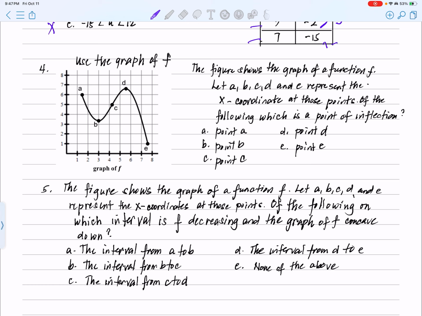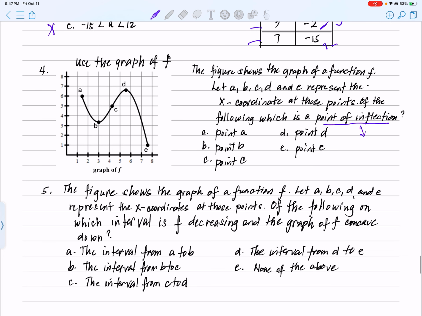Of the following, which is the point of inflection? If I just look at the graph, I could tell right away which is the point of inflection, from the definition itself.